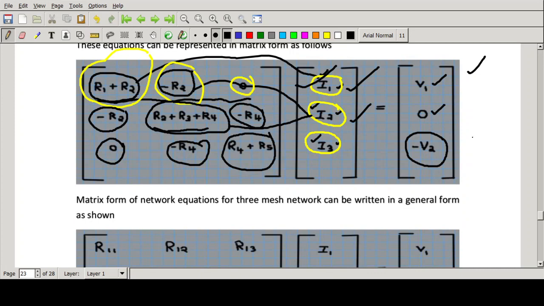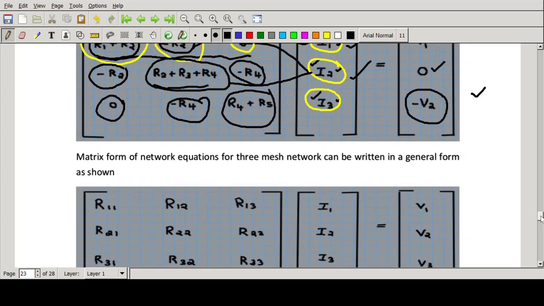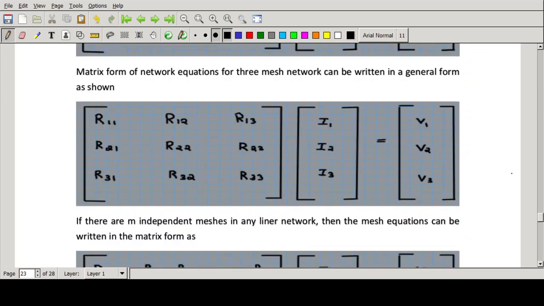Okay, so this is actually the matrix. It is R into I is equal to V. Now in general terms, we can write this matrix again in a very simple manner like this. This is the general matrix form for a three mesh network. There are three meshes in a circuit. You can write it like this: R11, R12, R13, the resistance terms corresponding to the first mesh, into I1, I2, I3.